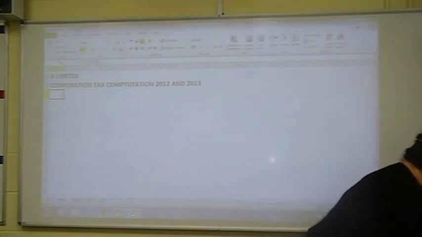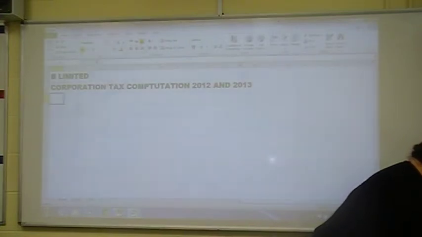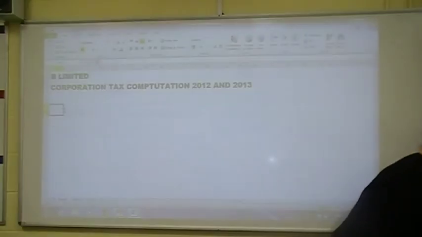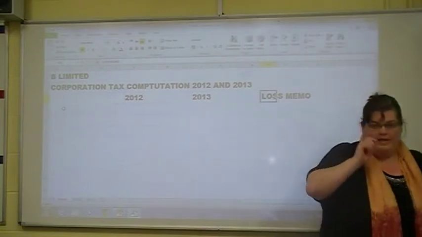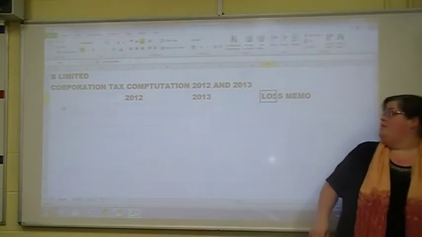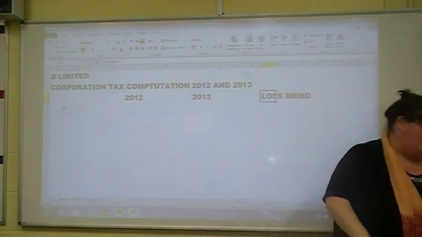Make it a bit darker there. So we're going to be doing two alongside each other. So we've got 2012, 2013, and then over the side you're going to have your little loss memo. Or if you want to have your loss memo on the page next to it, but it's somewhere near. So you have your 12, your 13, and your loss memo.